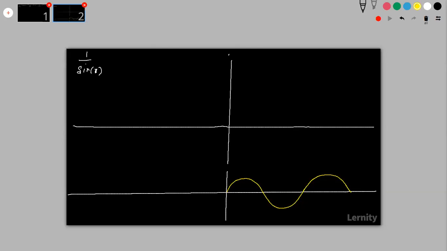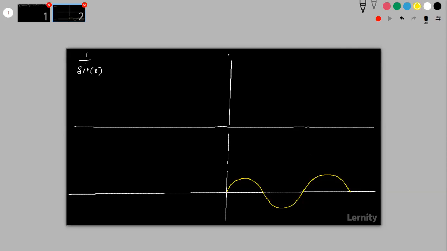If sin x is repeating itself, 1 by sin x will also repeat. Suppose at 0, pi, 2 pi, 3 pi, sin x is 0, so the same values will be taken by 1 by sin x.